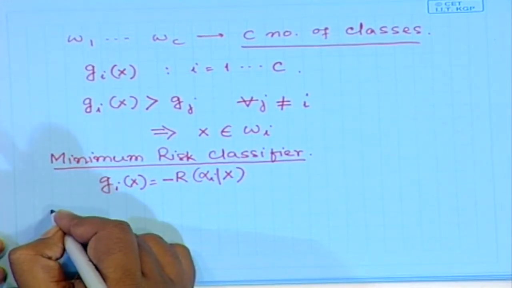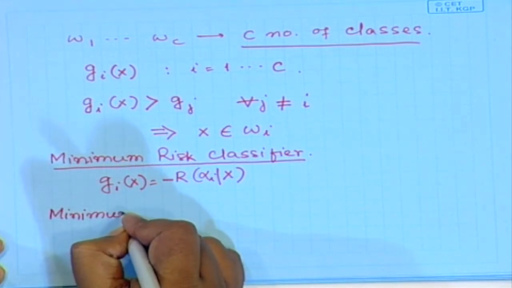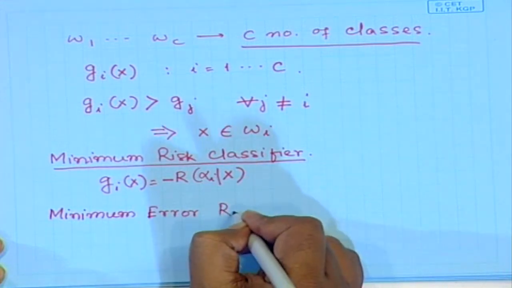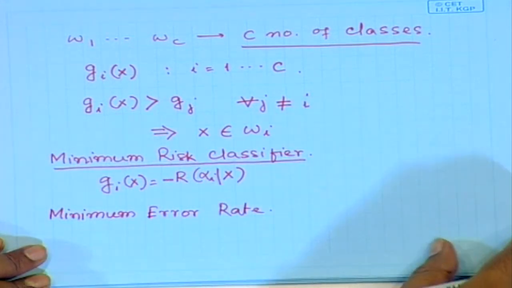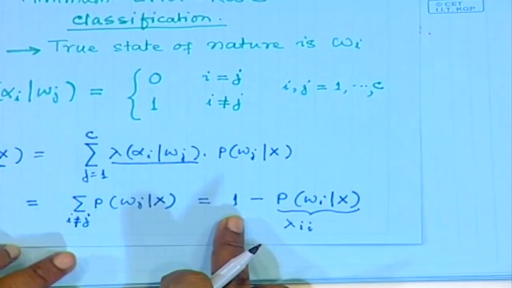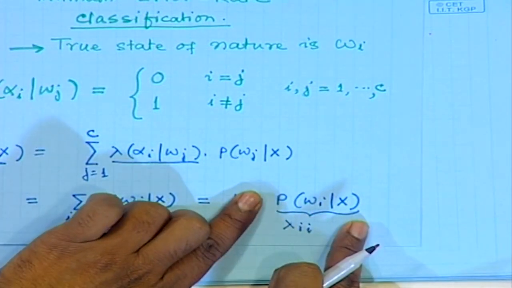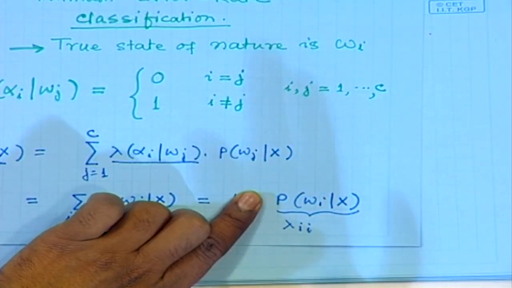Similarly, for minimum error rate classification, my condition was that 1 minus p of omega i given x has to be minimum. That means p of omega i given x has to be maximum. So, I can simply equate g i of x to p of omega i given x.